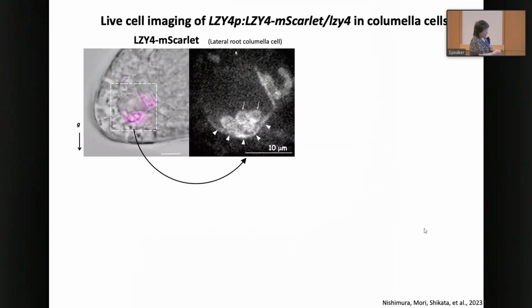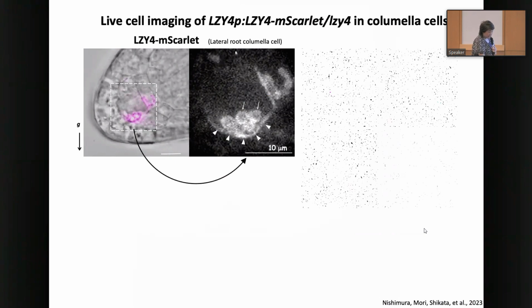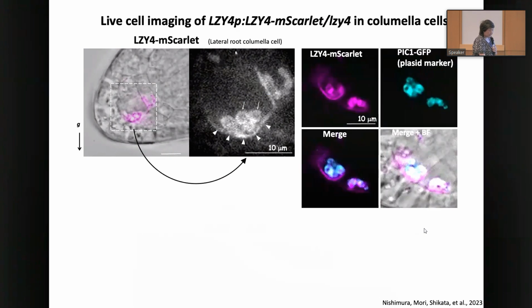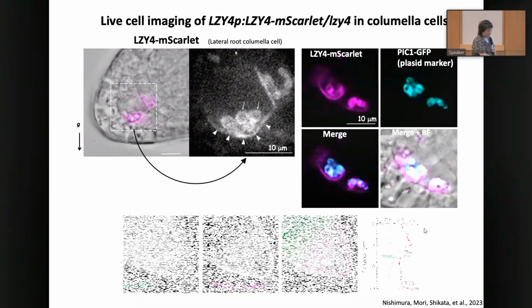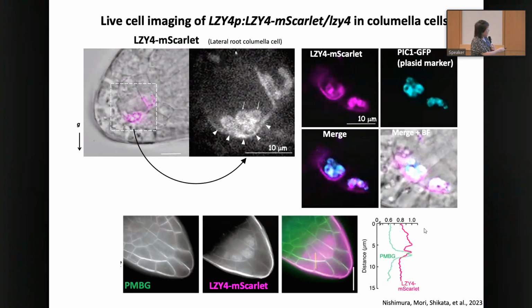With LZY4-mScarlet, a ring-shaped signal and a nearby linear signal were clearly observed in living columella cells. This ring-shaped signal was observed at the amyloplast position indicated by the plastid marker, and the linear signal merged with the plasma membrane marker like this.